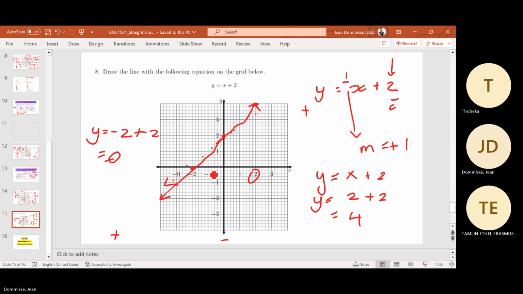So again, they can give you the straight line, or your equation, and they can then ask you, well, the following two points are on that straight line.